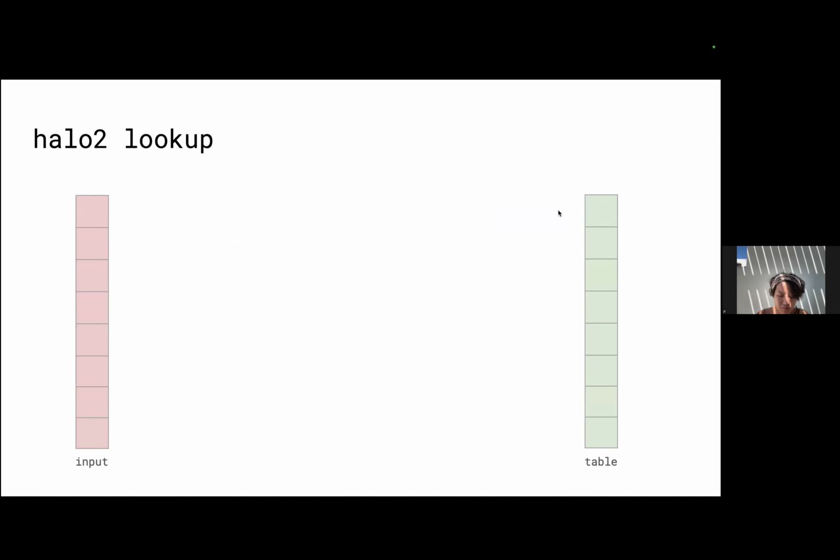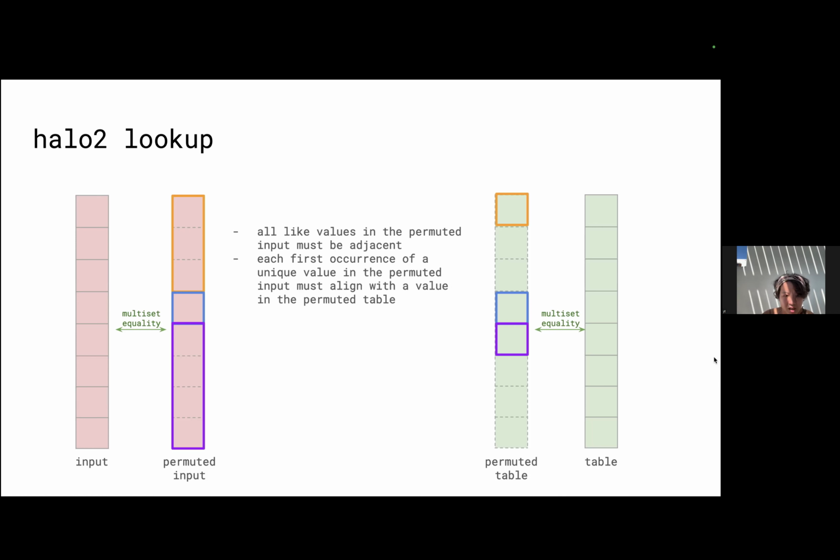And then we check for the permuted input that we've permuted it in such a way that all the like values in the input are adjacent. And then we check that each first occurrence of a value in the permuted input is aligned with the same value in the permuted table.